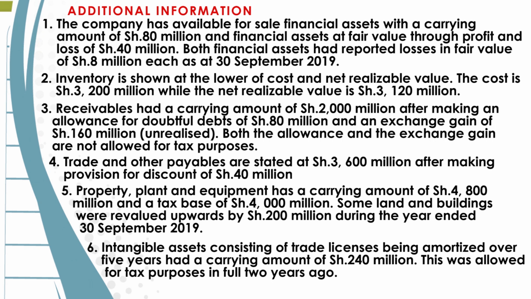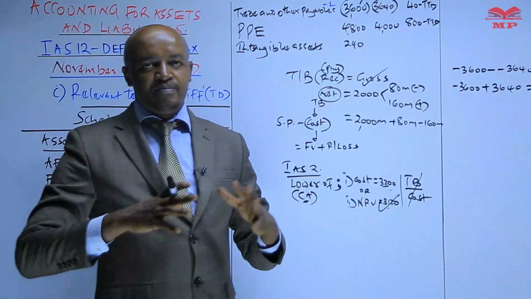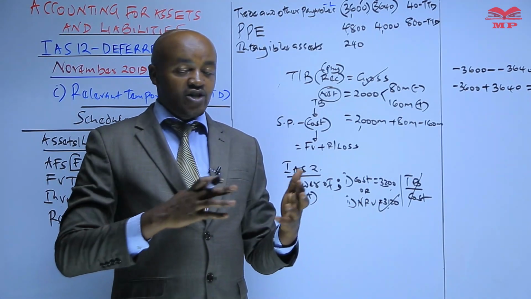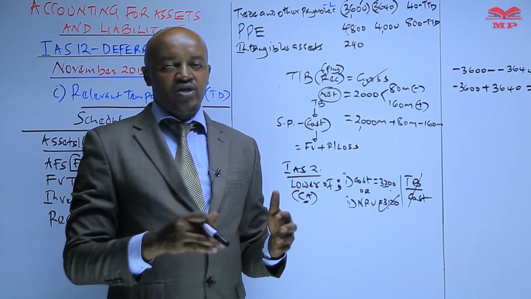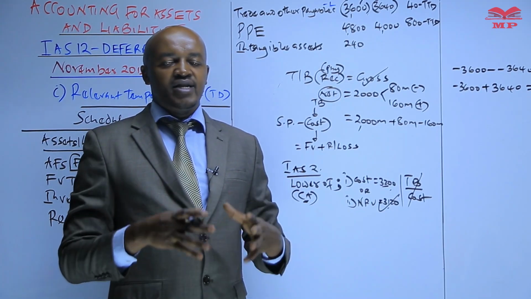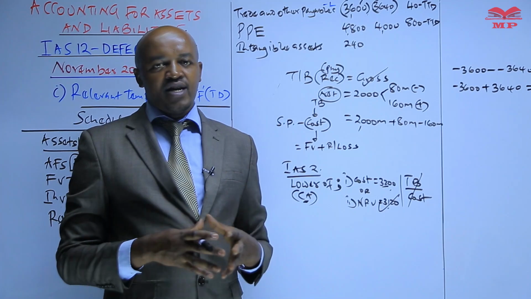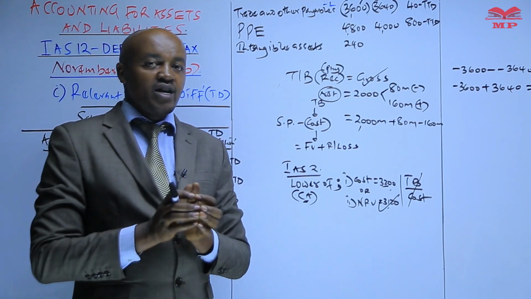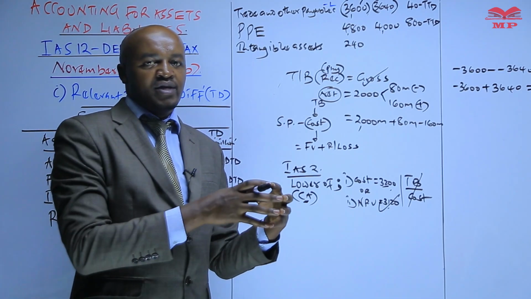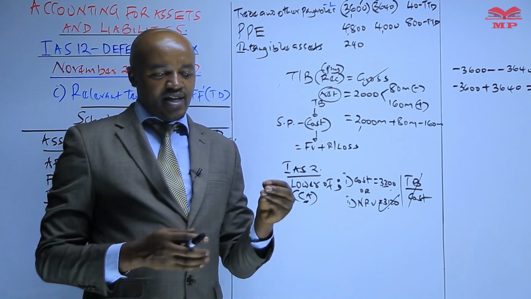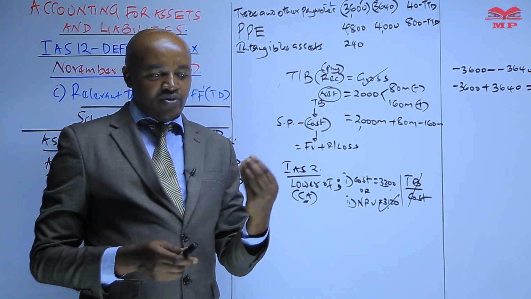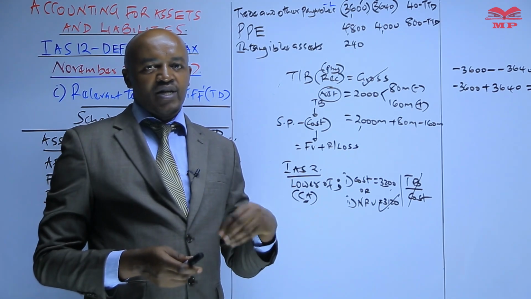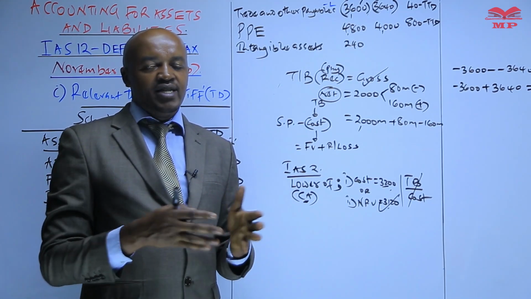So remember, we said in our previous session that anytime the company has incurred a cost, like the company has paid for a license, and that cost has been capitalized, or the company has undertaken some research, the company has incurred some development costs in terms of undertaking a certain project, and those particular costs have been capitalized in accordance with IAS 38, then those costs which have been capitalized will be accounted for as an asset in the balance sheet.